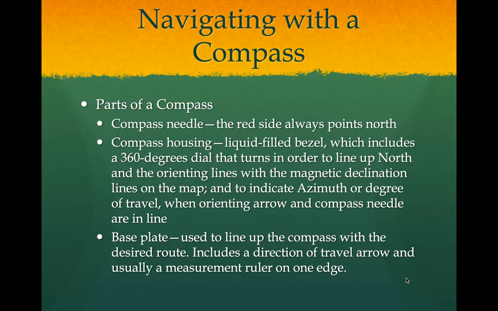And then, of course, you'll have a base plate, and the base plate is used to line the compass up with whatever route it is that you're wanting to go. And so it helps you to figure out which direction you're going to walk in, based on the difference of north and where you're trying to go.